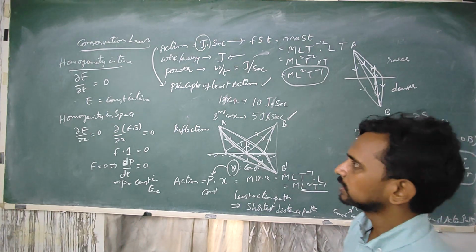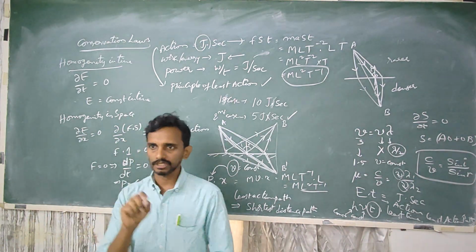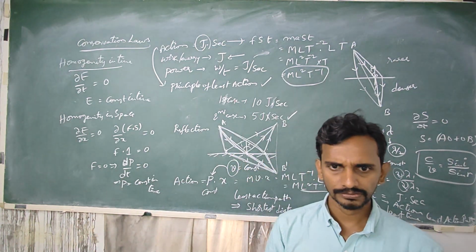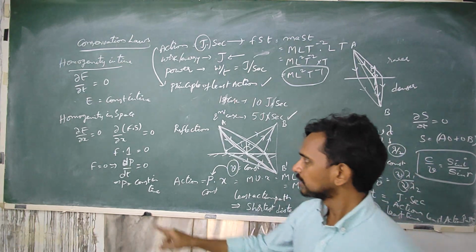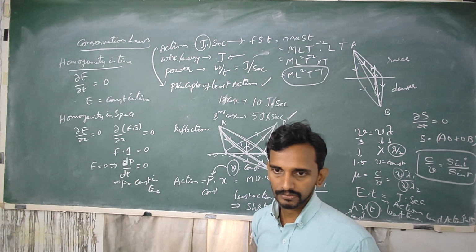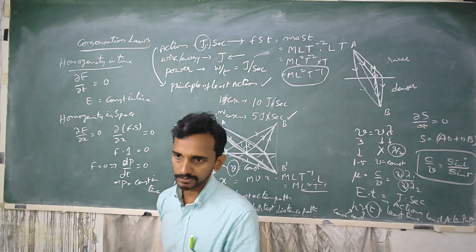So homogeneity in space. At various locations in space, if energy remains constant, what happens? Force becomes 0. At various locations, if energy is a constant, force becomes 0.